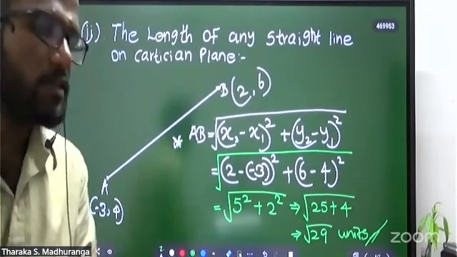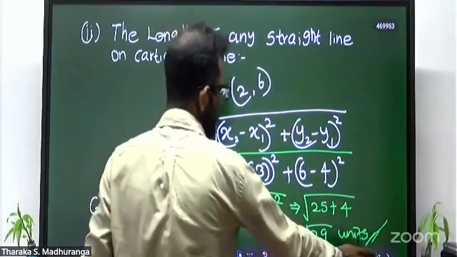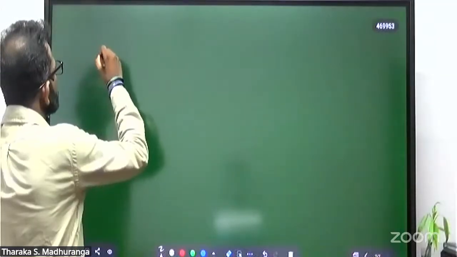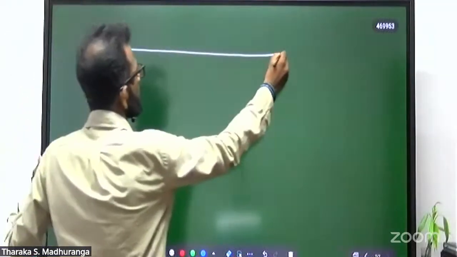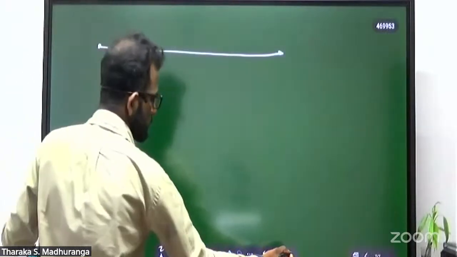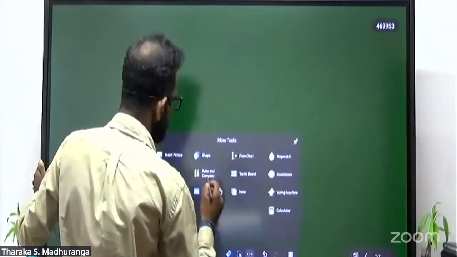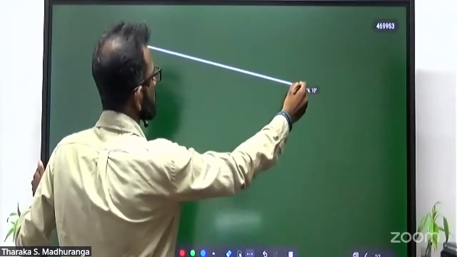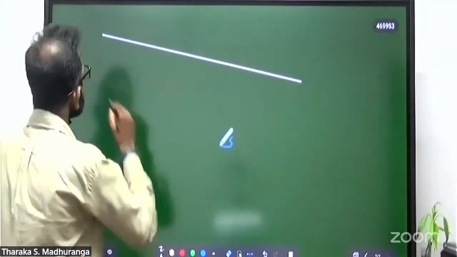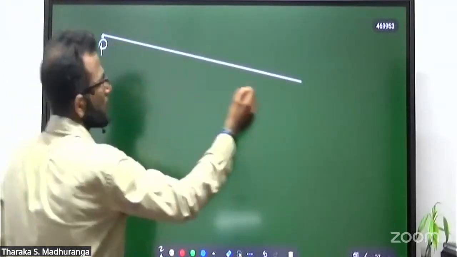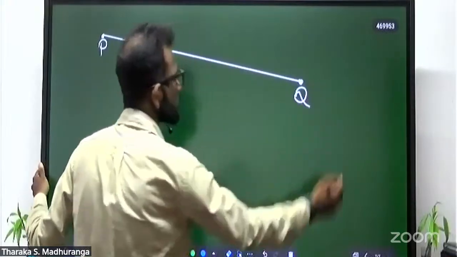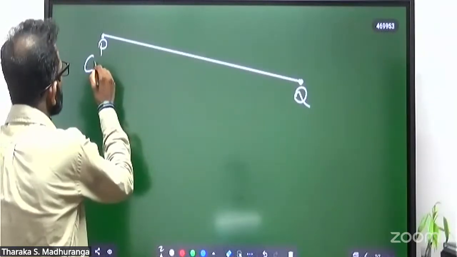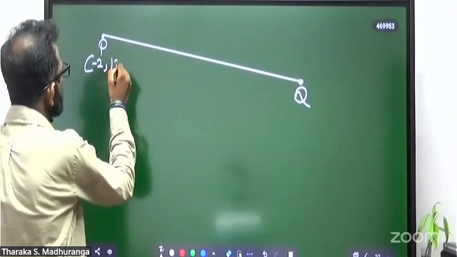Okay, then your chance. This is a straight line. This is P, this is Q. The P point coordinates are -2 and 12.